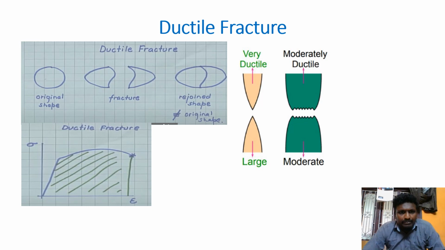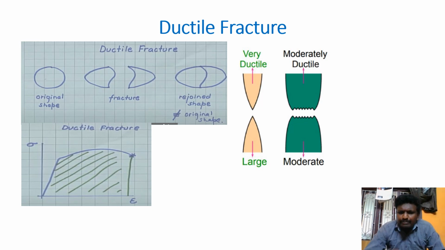In the first image also you can see the original shape is there, then fracture occurs. When we rejoin, we will not get back the original shape of the material because it elongates. That you can also see in the stress strain curve of ductile fracture: up to the elastic limit, then it goes beyond the elastic limit, and finally the neck formation and it breaks.